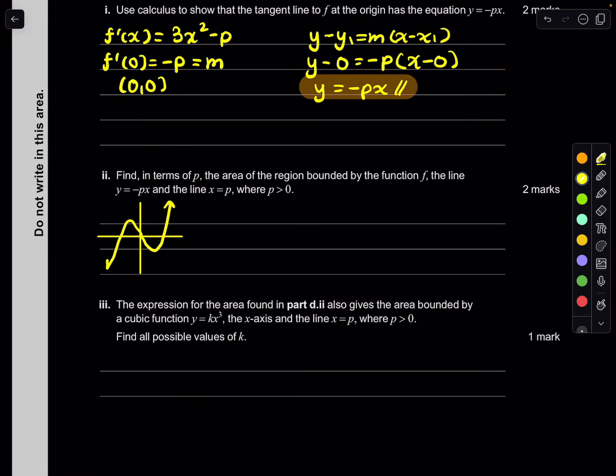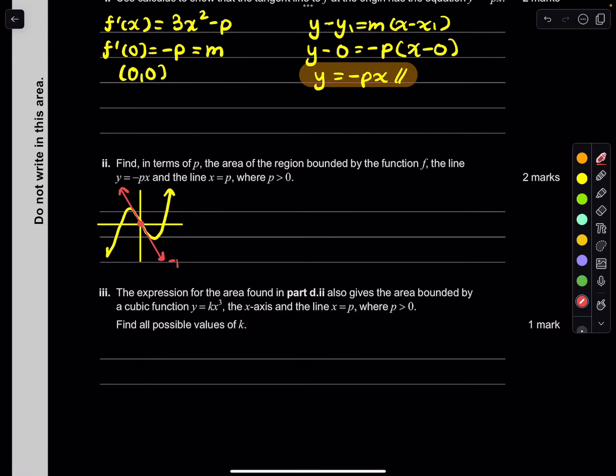And if we draw the tangent, which moves like that, this is your negative px. The yellow one is f of x. And the line x equals p is around here. So it forms this shaded region here. And that's at x equals p.